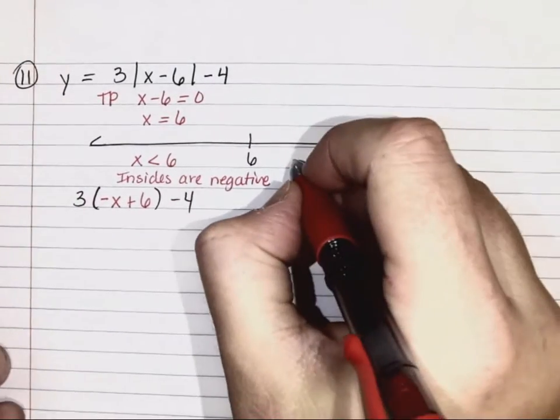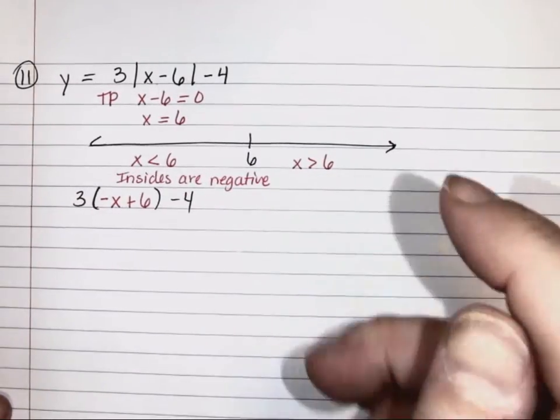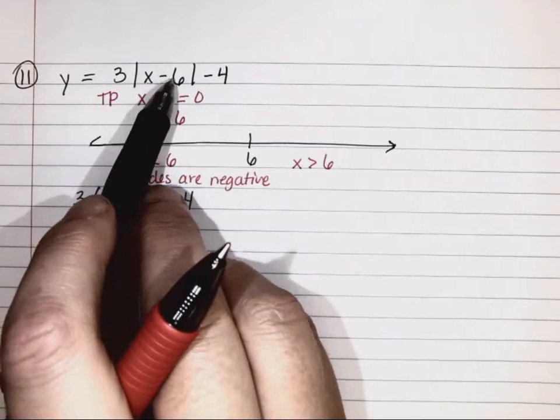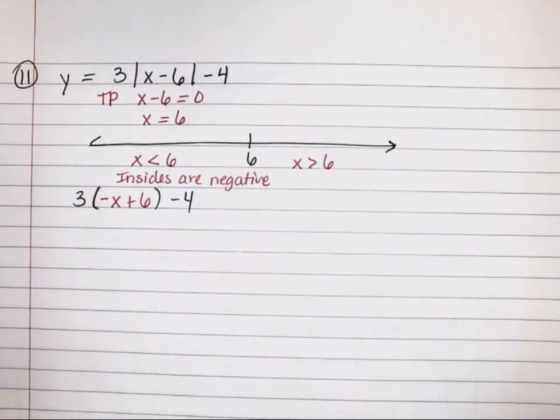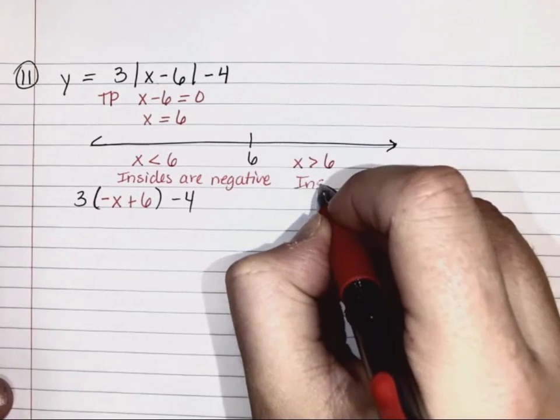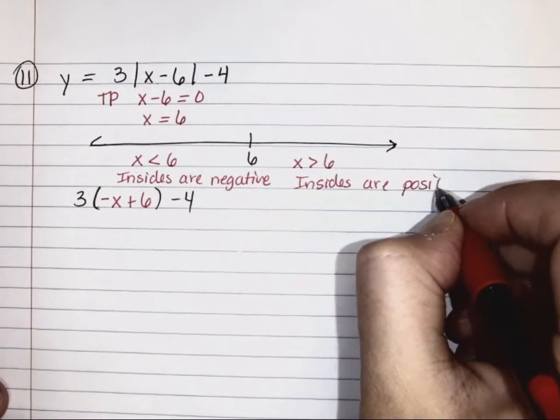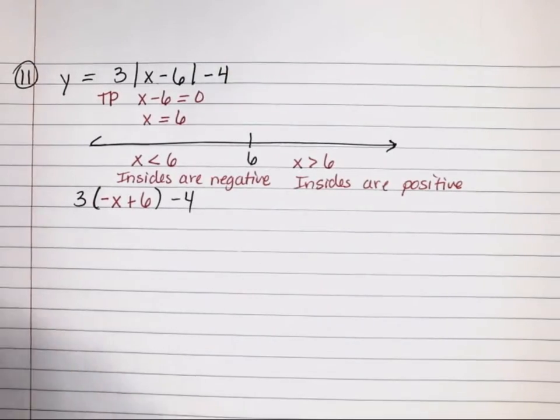When you're above 6, if I plug in numbers greater than 6, notice if I plug in 6, I get 0. If I plug in 7, 8, 9, 10, I'm going to get positive insides. So insides are positive, and that's where it stays the same.